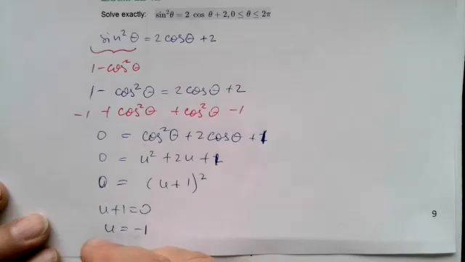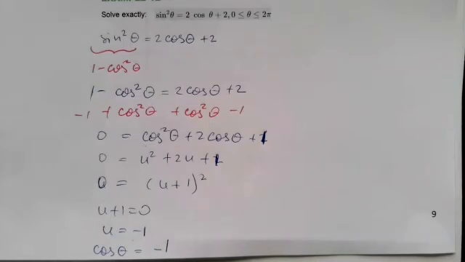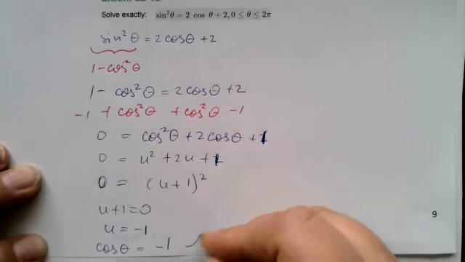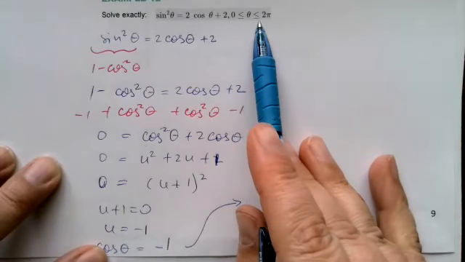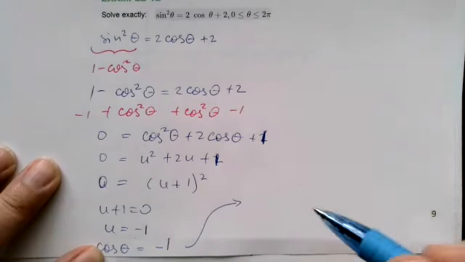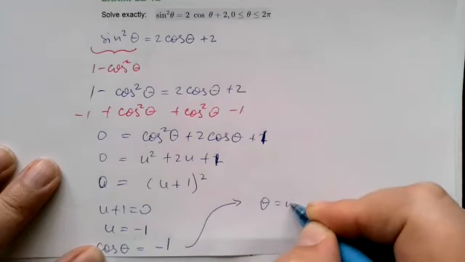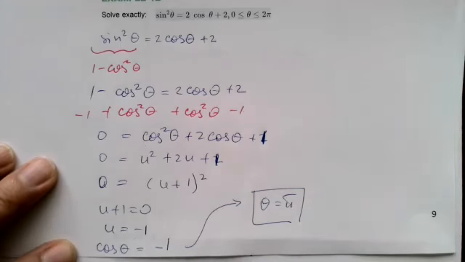So it means cosine theta equals negative 1. And that gives us the answer. It happens only once on the interval from 0 to 2 pi, when theta equals pi. So that's it. That's going to be our answer for number 12.